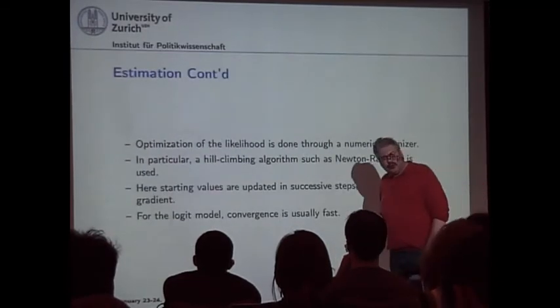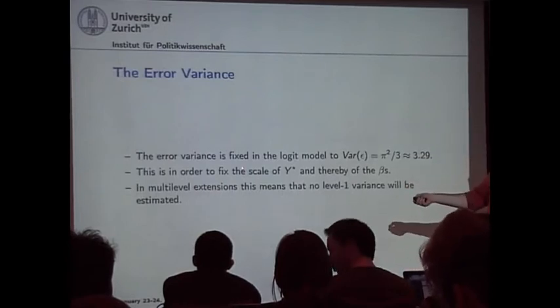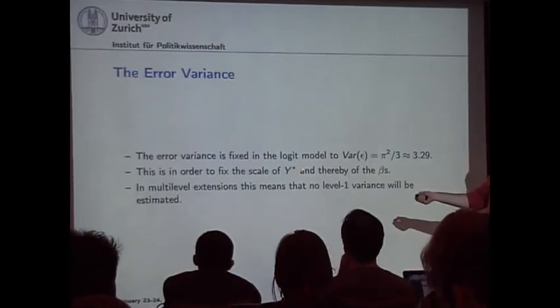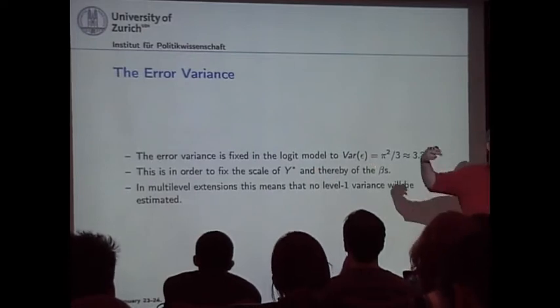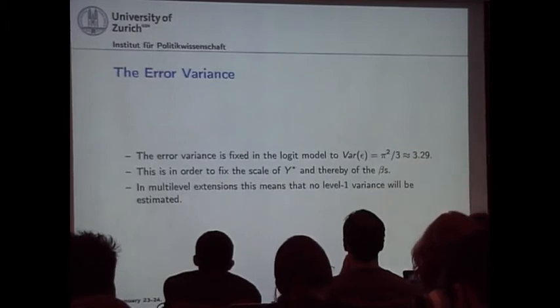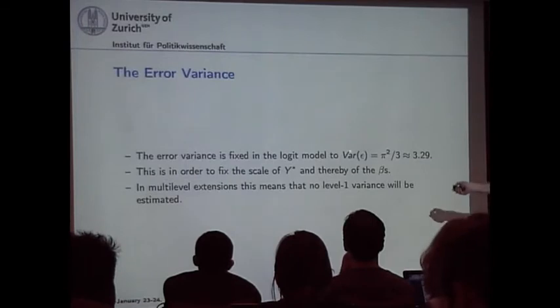There's another reason for this, and that other reason is, well, we fixed the scale of the y stars so that we fixed the scale of the betas, but we made a fairly arbitrary assumption to do that. And in fact, if you were to do a probit model, it would be a different scale of the y star, because then the error variance would be equal to 1, and therefore a different scale for the betas.